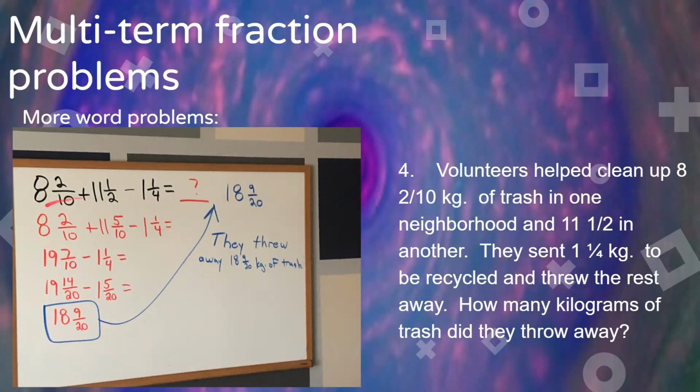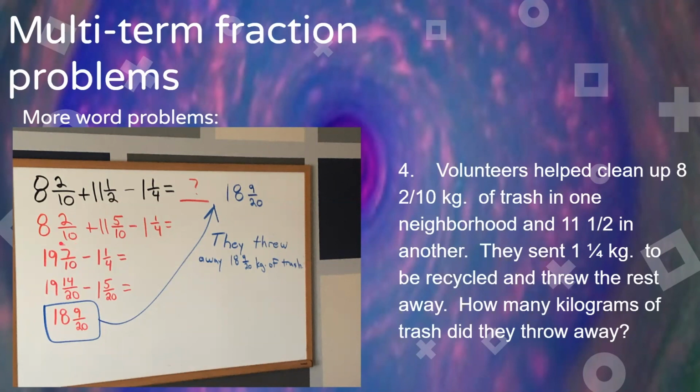Well, we know 8 and 2/10 and 11.5 is the same as 11 and 5/10. We want to have like units, but we still need to subtract our 1.25 kilograms that was recycled.